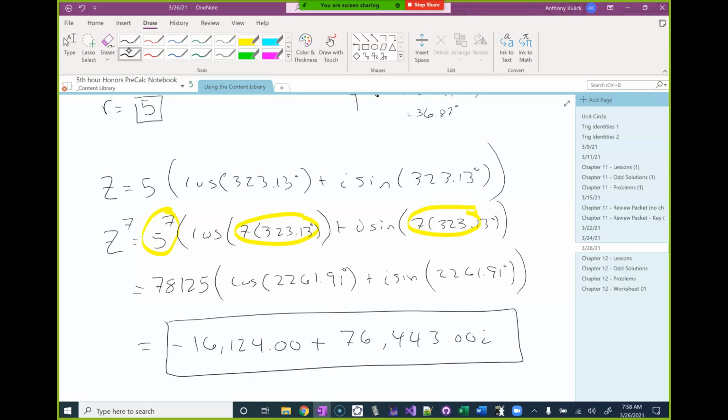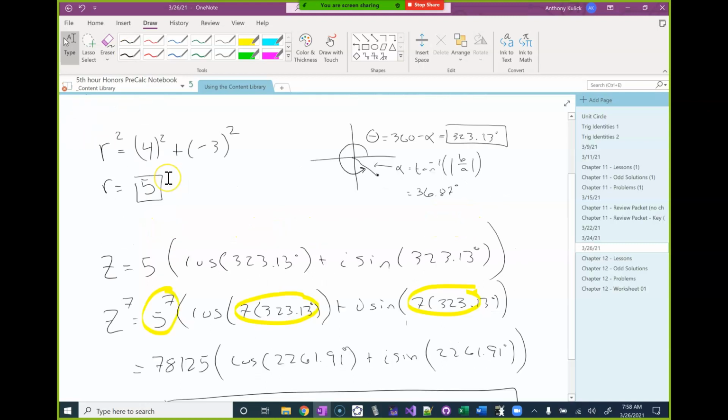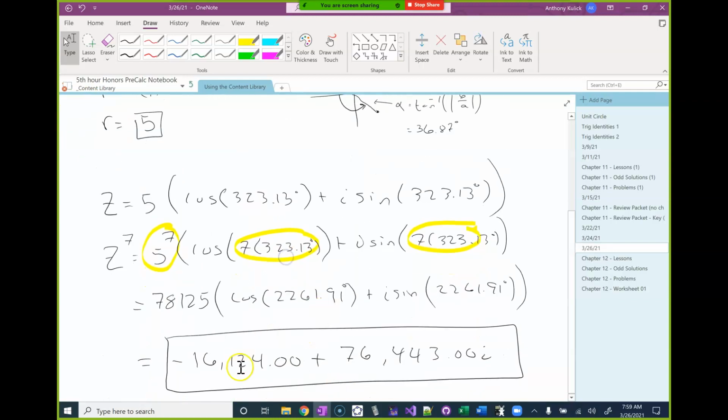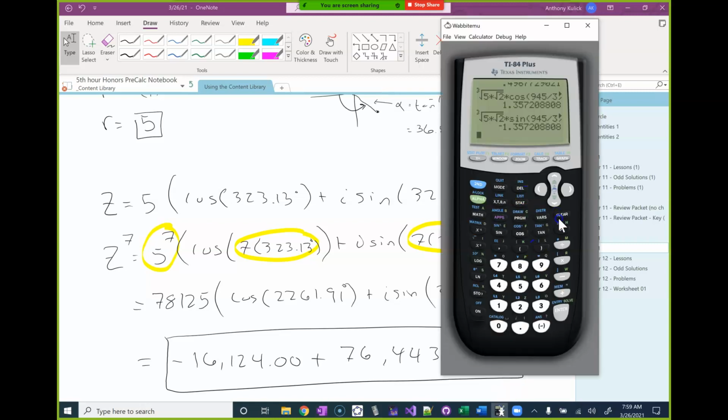And just FYI, if you did that in your calculator, it'll output the answer for you also. You can do 4 minus 3i to the 7th just on your calculator, and it should give you the exact same answer that we got. Let's just check real quick. The calculator's got all these little shortcuts programmed into it, it's not actually doing these things by hand like the way that you'd learn initially.